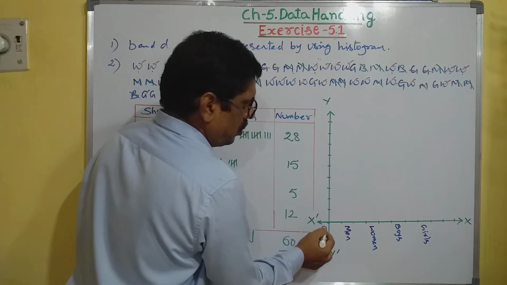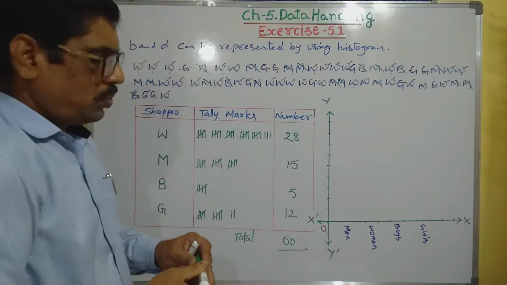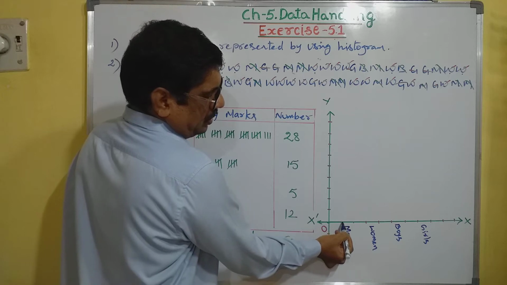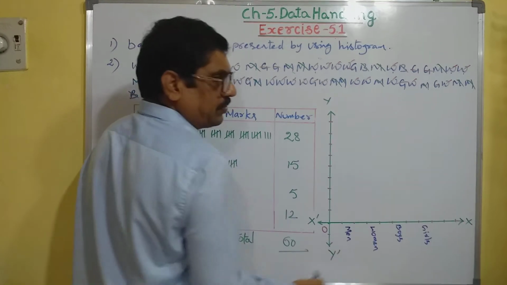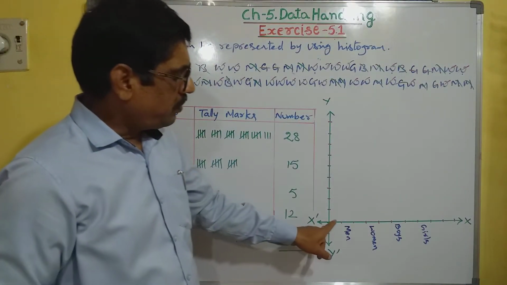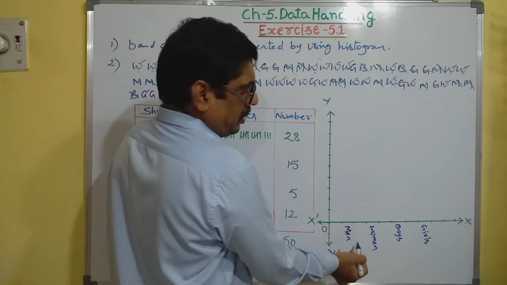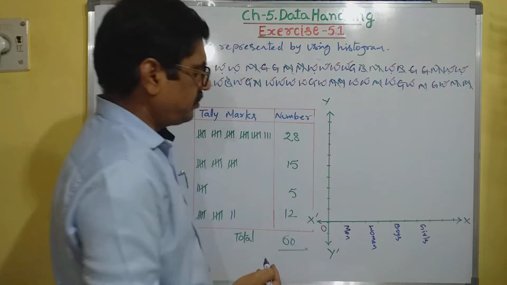Here the origin O. Now we have to take points at equal intervals, each one at 1 centimeter, and we have to maintain a gap in between the observations given.